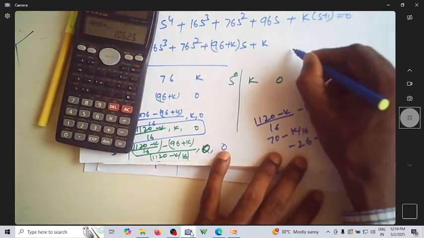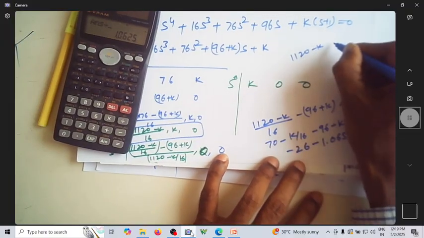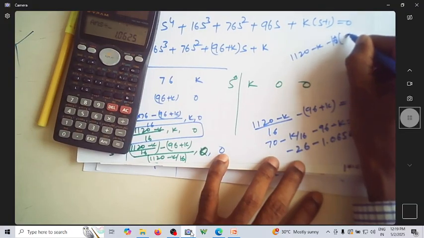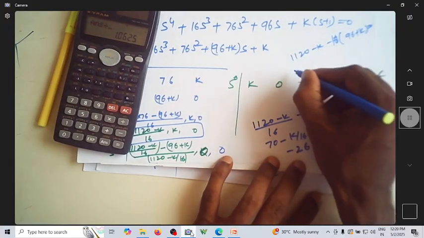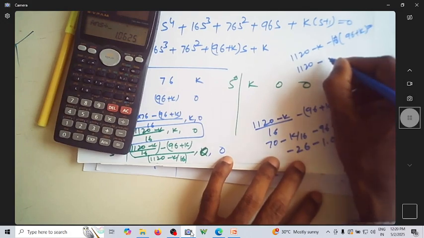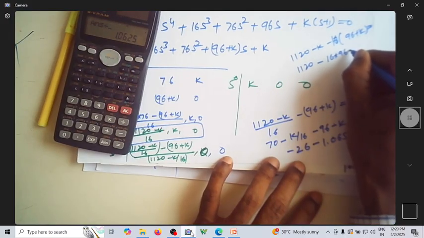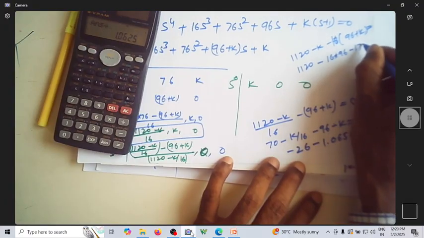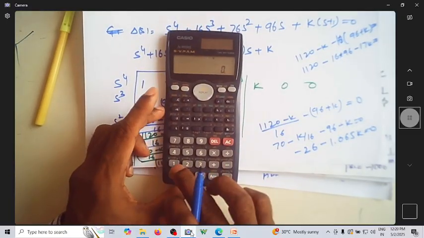Or can I write this as 1120 minus K minus 16 into 96 plus K equal to 0, which is the same as this. It is 1120 minus 16 into 96 minus 17K equal to 0. So how much is this now?